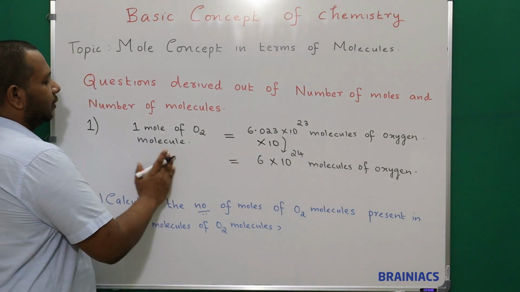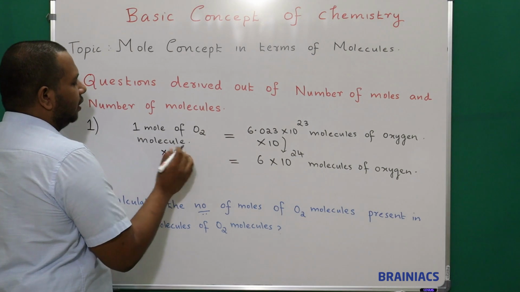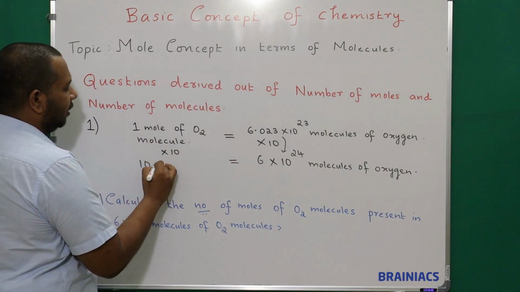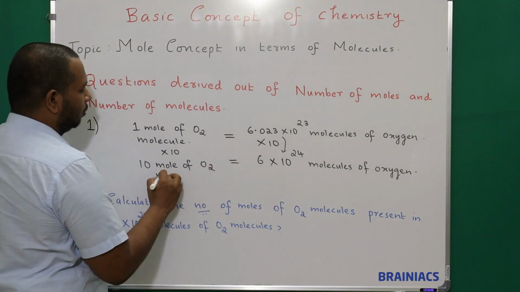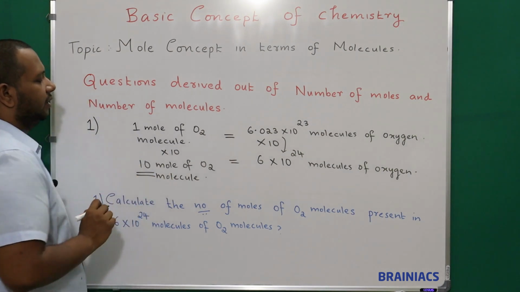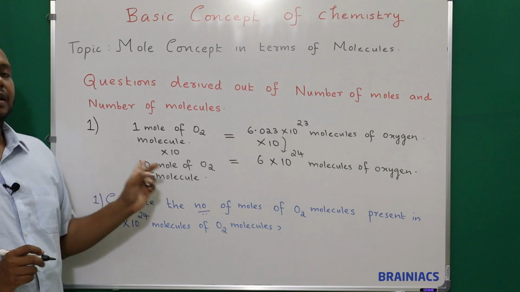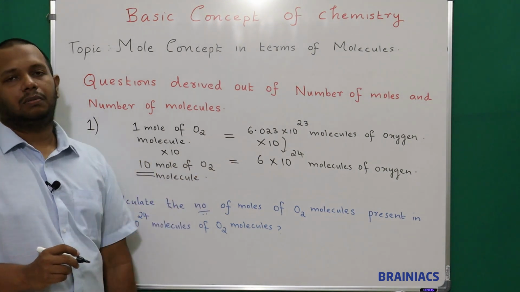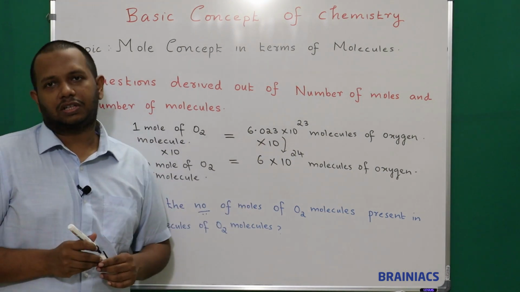So when you multiply on the RHS by 10, multiply here also by 10. So this will become 10 mole of O2 molecule. So my answer is 10. Because 6 into 10 power 24 molecules of oxygen will contain 10 moles of oxygen molecules. Understood? So this is the way we need to do this type of questions.